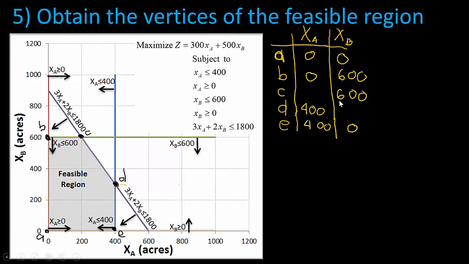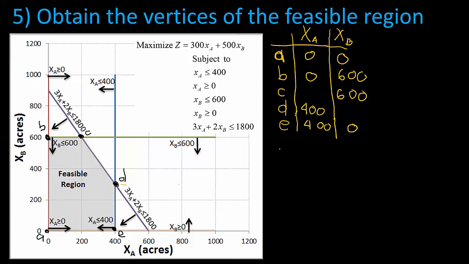So we're missing 2 different values. How can we estimate the value for C? In the equation 3xa plus 2xb equal to 1800, I can find the value of xa when y, or xb, is equal to 600.